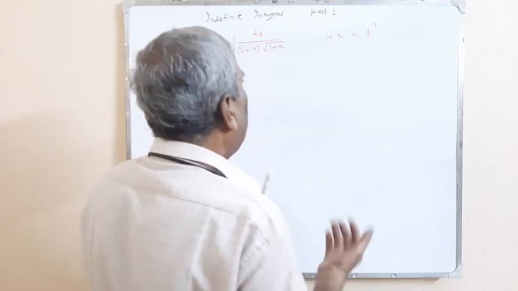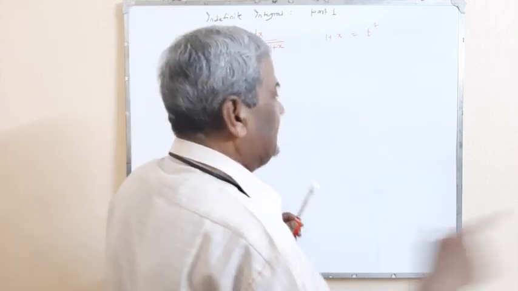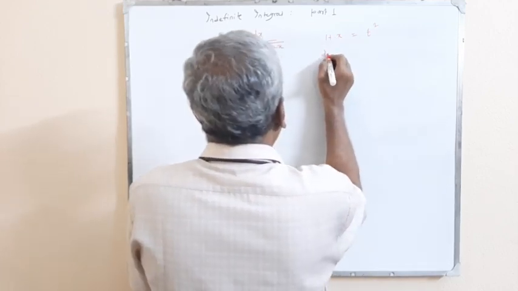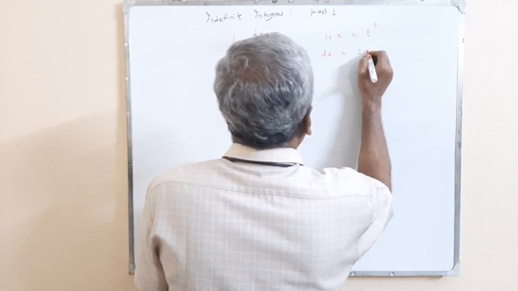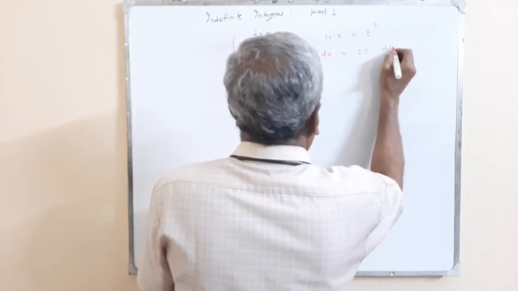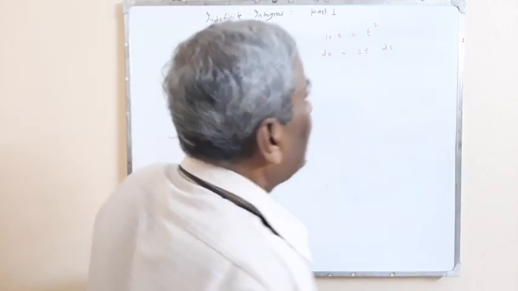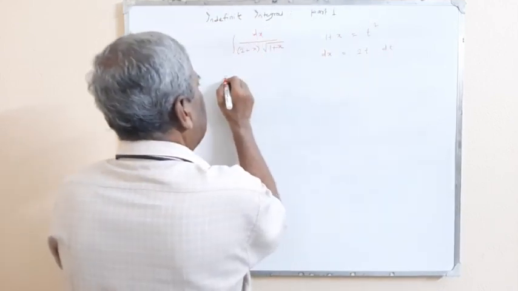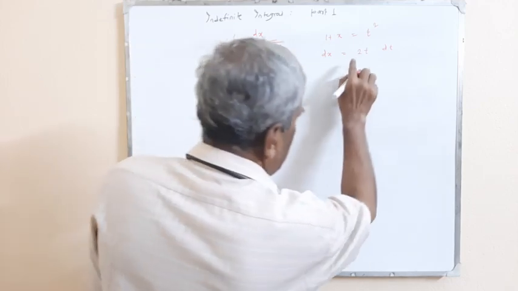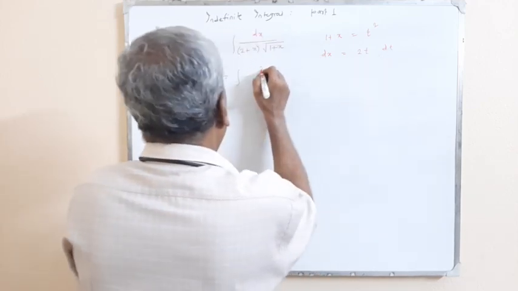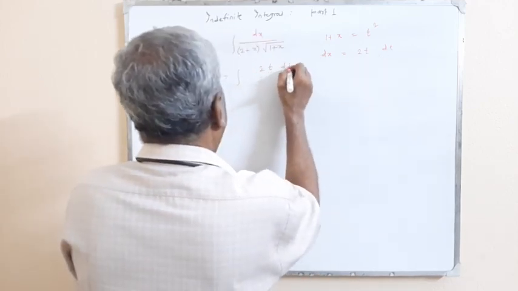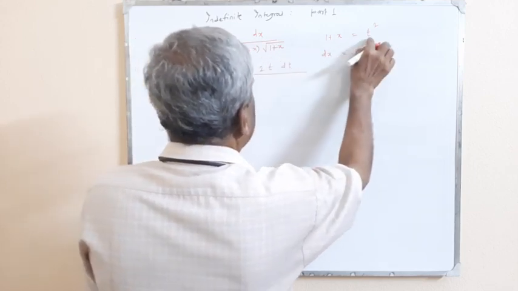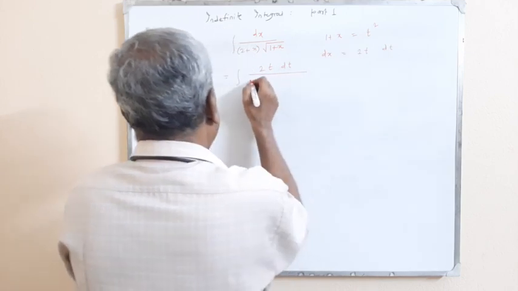Now convert from x to t. Differentiating, dx is equal to 2t dt. So now change here: dx means 2t dt, by root over of 1 plus x, which is root over of t square, means t.